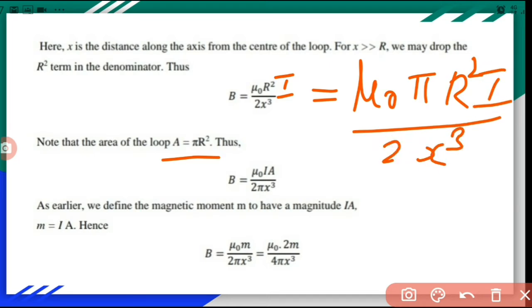You know pi r square is A. So we have this expression, B = mu 0 I A divided by 2 pi x cube. We already defined IA as the magnetic moment. So the equation reduces to B = mu 0 m divided by 2 pi x cube, which can be written as mu 0 2m by 4 pi x cube, where we have multiplied both the numerator and denominator by 2.